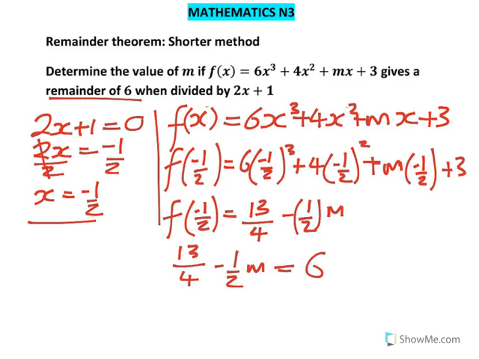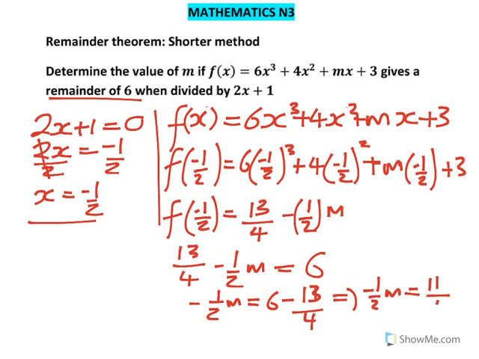Then the next thing is for you to solve for m, whereby you're going to have negative 1 over 2m is equal to 6 minus 13 over 4. Therefore, minus half m is equal to 11 over 4.